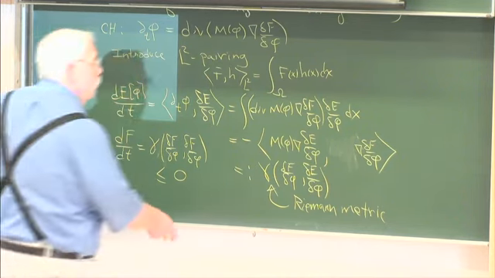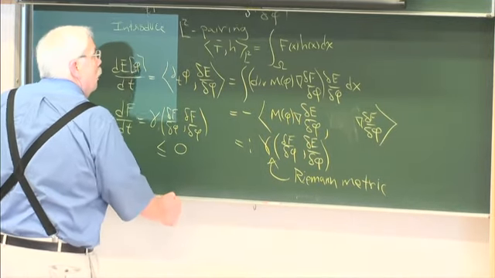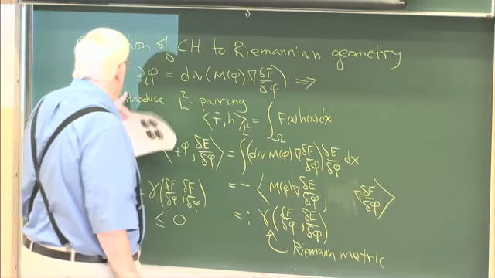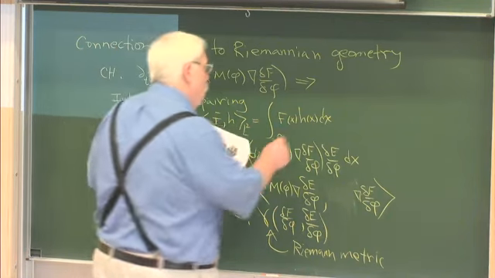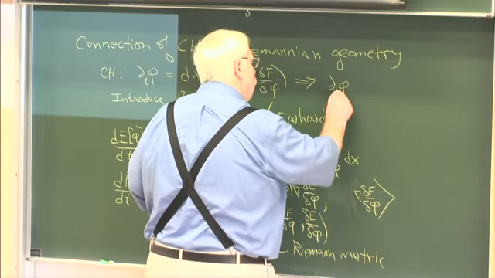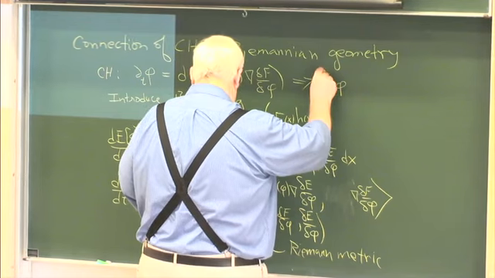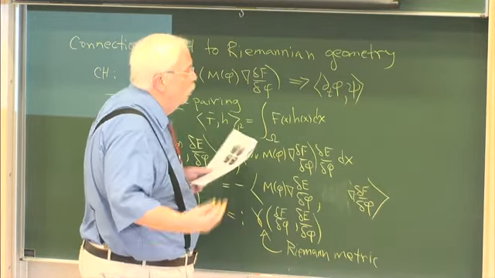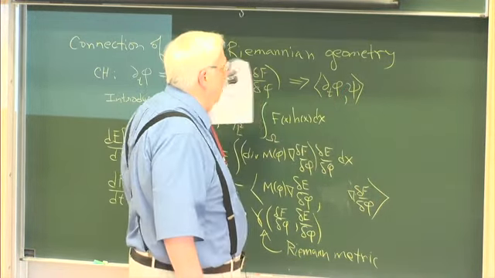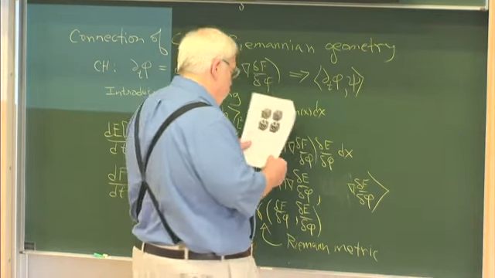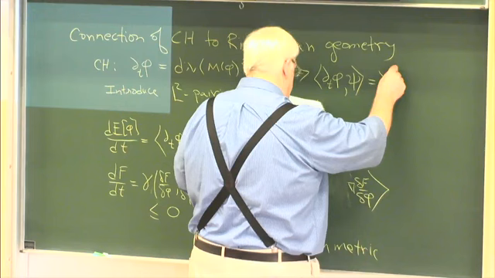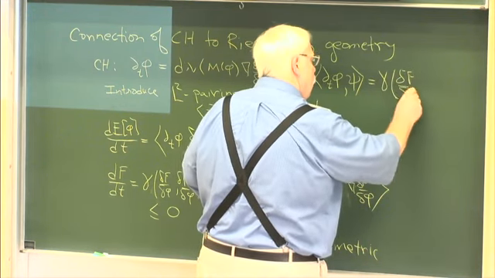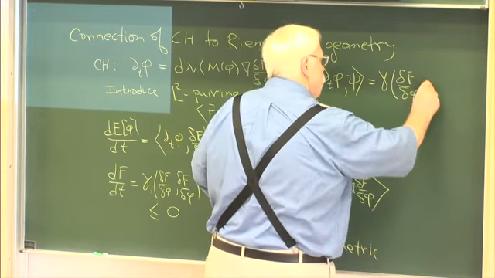Okay, and finally, we can rewrite the Cahn-Hilliard equation as d by dt of phi paired with a function psi in the space dual to phi, which in L2 is the functions, is gamma of delta F delta phi times psi.